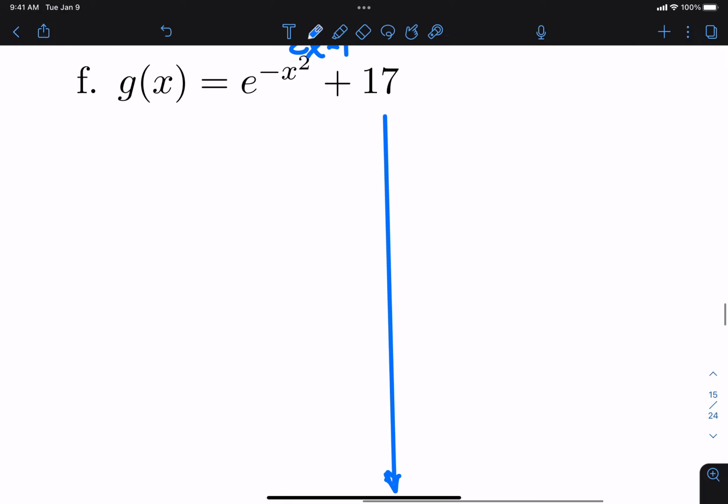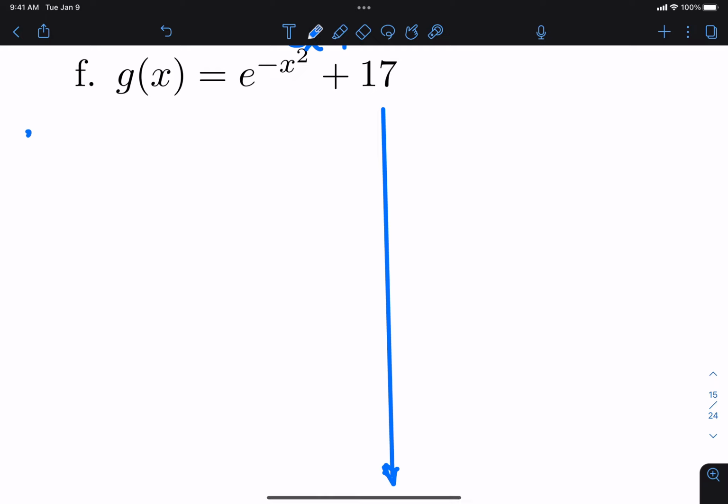So the fast way would be to say, well, I know immediately that the 17 is going to go away, right? And for the rest of it, I know I have e to the minus x squared. That's a composition where the inside function is minus x squared. So in order to do this derivative, I have to leave the outside function, which is e to the z, alone.